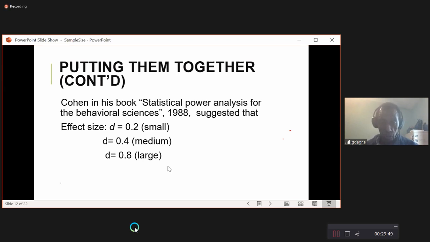You will see some examples of how sample size is affected by changing these sizes. But anyhow, he came up with this simple way of deciding whether you have small, medium, or large effect sizes. In some cases, you could do that.